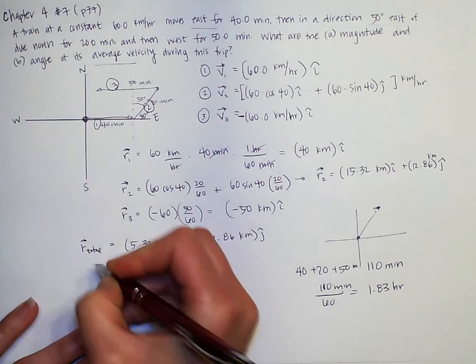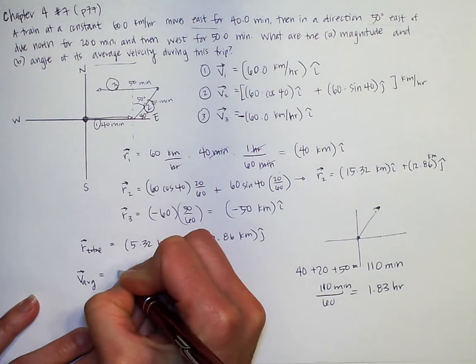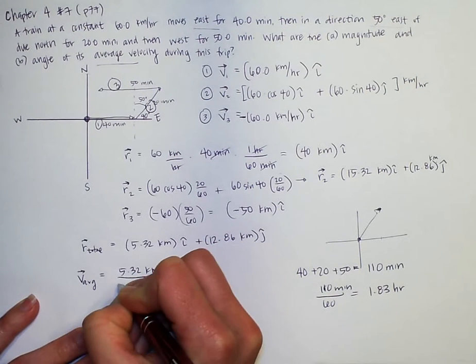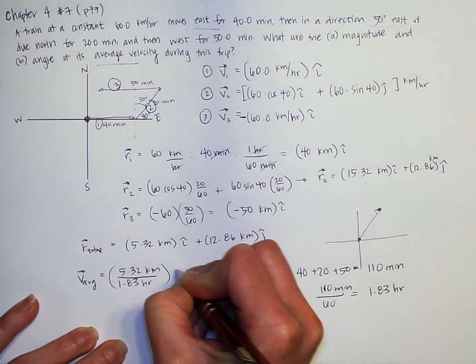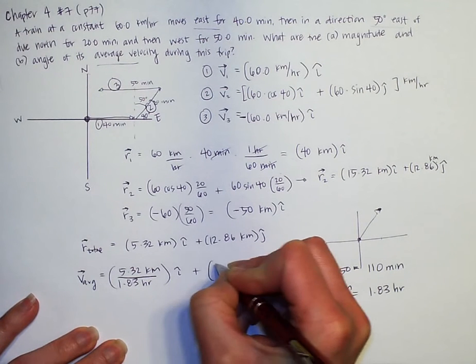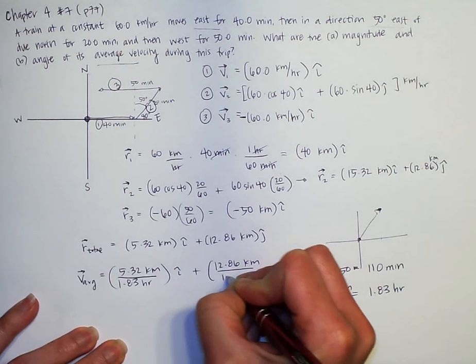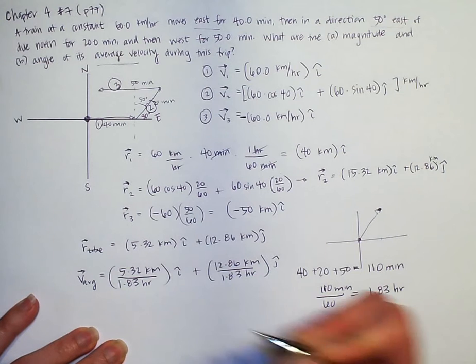So our last step here, or almost last step, our average velocity is going to be 5.32 kilometers over 1.83 hours i hat, and plus 12.86 kilometers over 1.83 hours j hat.